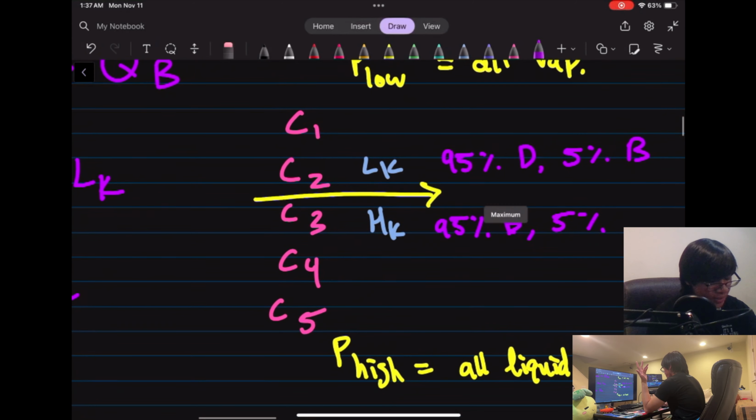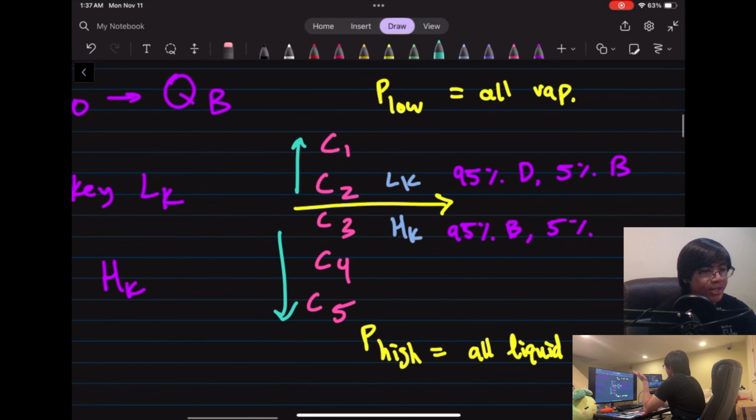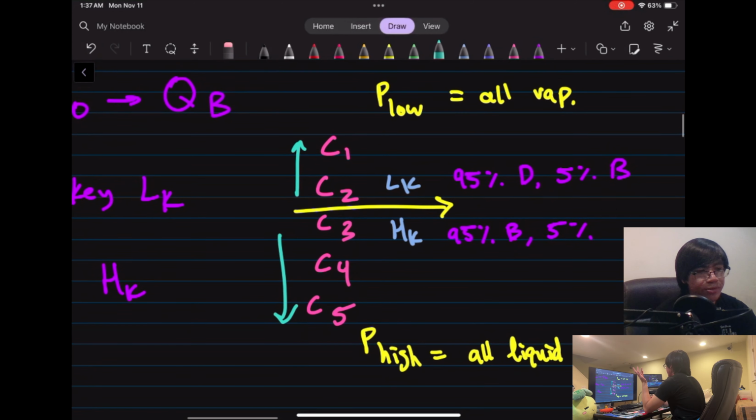And once we say this split, what we're also saying is that everything above this line goes to the distillate and everything below the split must go to the bottoms, since the others are lighter. In this case, C1 is lighter than C2. I mean, size plays a factor, volatility plays a factor. But with that separation, essentially we're saying that C1 has to go to the distillate and C4 and C5 have to go to the bottoms.